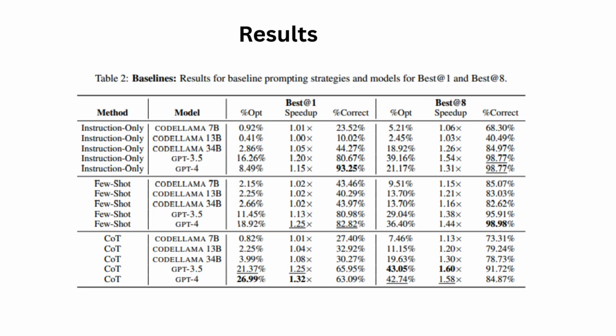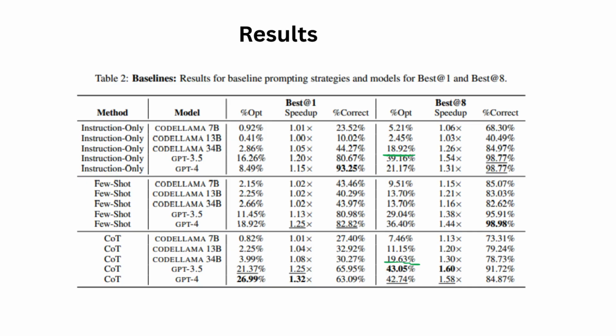Another key observation is that chain of thought prompting consistently performs better than the other prompting methods, especially for larger models. For instance, CodeLlama 34B improves from an optimization rate of 18.92% with instruction-only prompting to 19.63% with chain of thought prompting under best at 8.